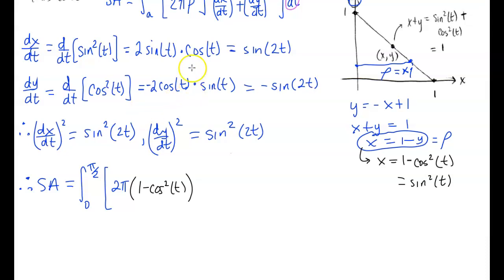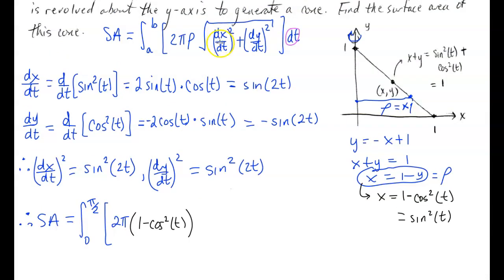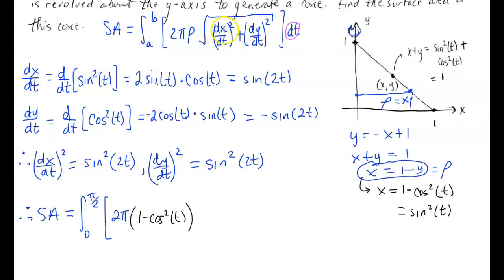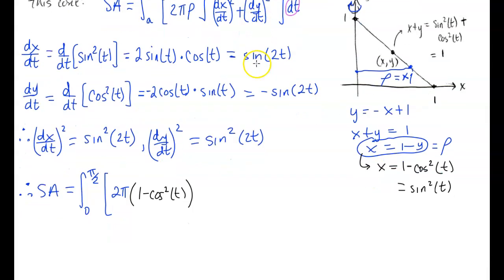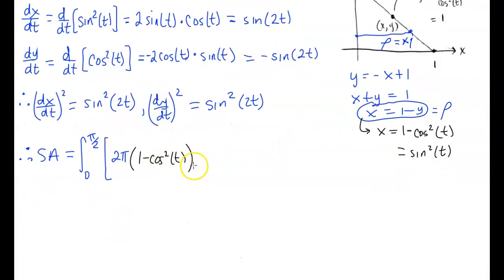And now that we know what rho is, we can do the square root of the derivative of x with respect to t squared plus the derivative of y with respect to t squared. So we'll do this now. Derivative of x, when we square this, that'll be sine squared of 2t. And of course, dy over dt is the same thing.